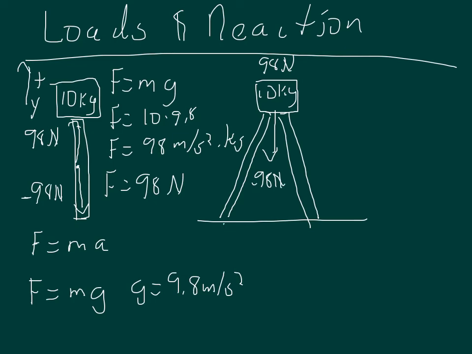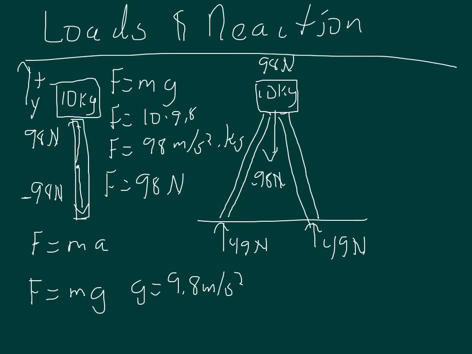Now, right here, equal but opposite, since the force is distributed equally, you have 49 newtons on one member and 49 newtons on the other member, keeping that in perfect balance.